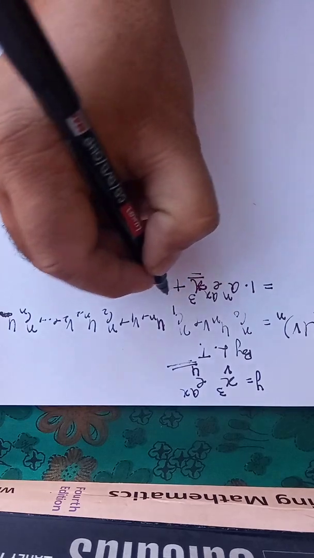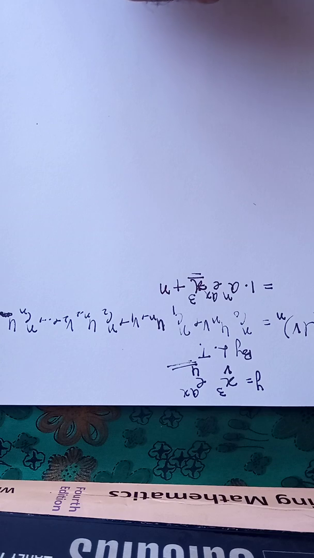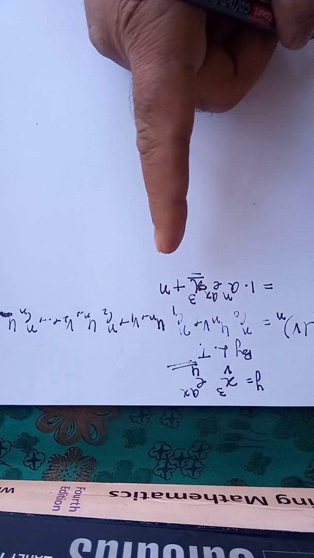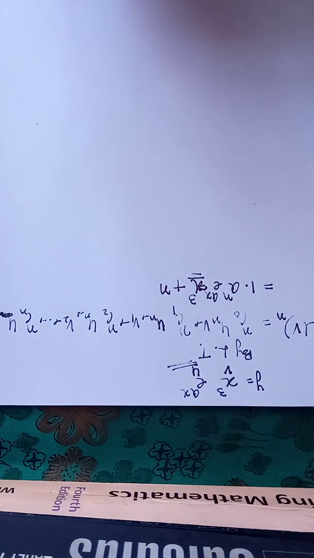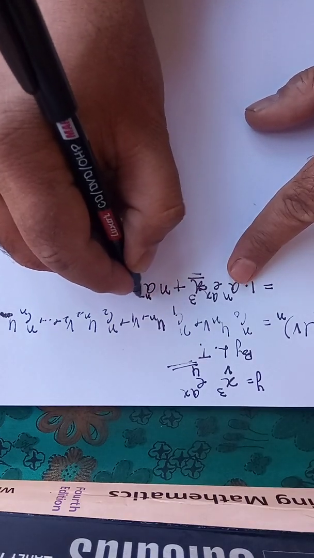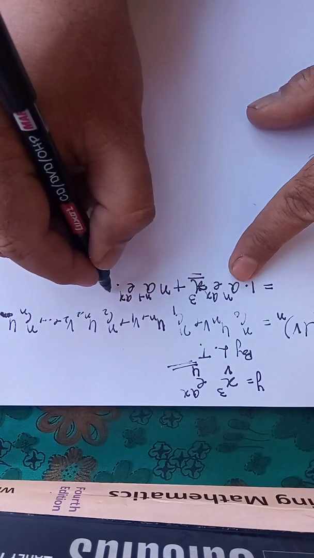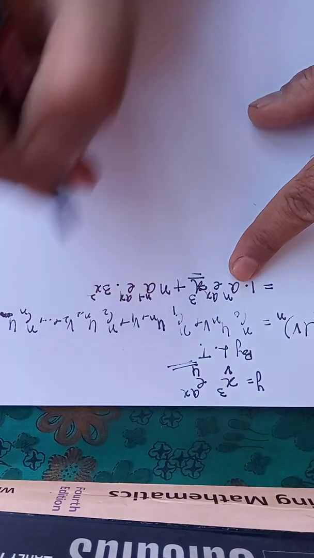Then nC1, what is that? nC1 is n, factorial n over factorial 1 factorial n minus 1. The derivative of this function is a raised to power n minus 1, you have to replace n by n minus 1 only, e raised to power ax, and the first derivative is 3x square.